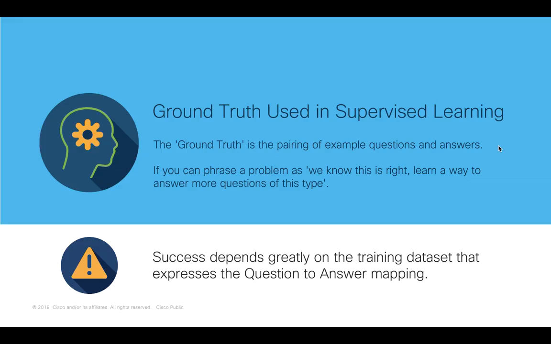So in order to have a successful application of supervised learning or machine learning, you really need to know what the training set is and effectively how that is being trained. And this is really, really critical for security in particular. We think about our examples.